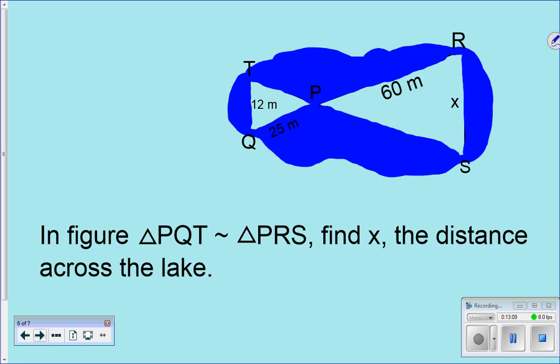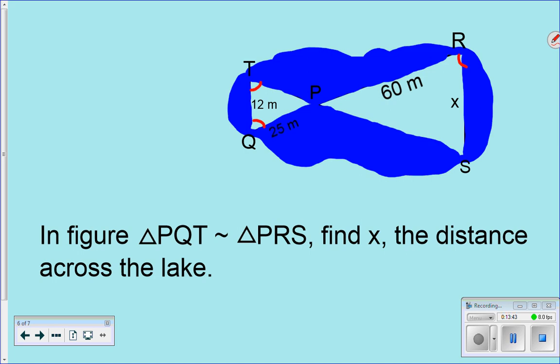One of the things I also need to show you is this. They're going to pretend this is a lake, and maybe you're going to drive your boat from this point to that point and this point to that point. They're going to give you two shapes that are in proportion, but you need to find a missing side again, just like yesterday. In the figure, triangle PQT is similar to triangle PRS. So I know P is my center point where they meet. Q and R are corresponding.